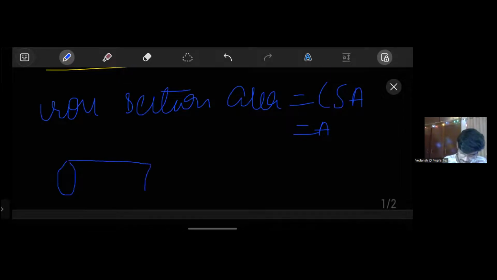Suppose we have a conductor over here. If you cut this conductor via its cross section, let me give you a common example of how they explain it in schools: let us say I have this thing as a conductor over here.